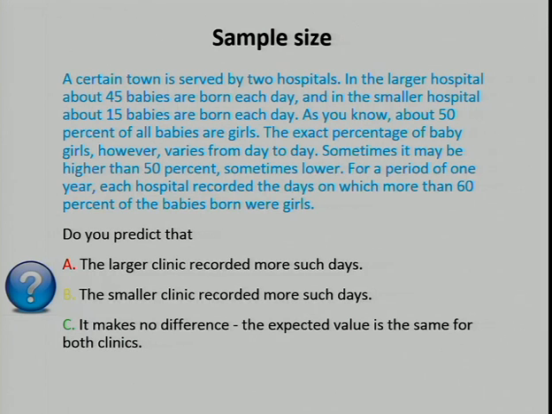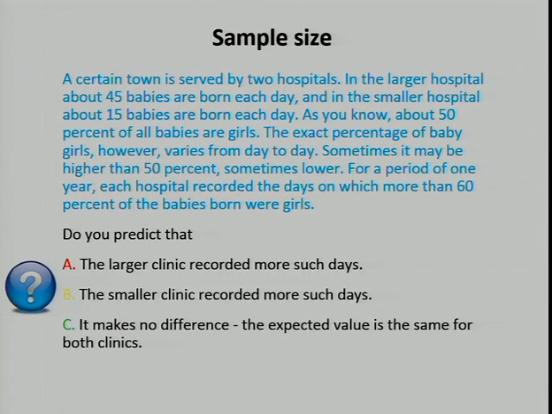The exact percentage of girls is going to be different for every day. Slight variations occur, sometimes more, sometimes less. Then for 1 year, each of those hospitals is going to record days on which more than 60% of the babies were girls, so an atypical example.